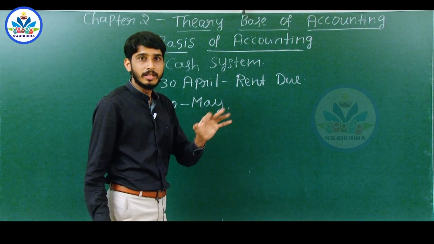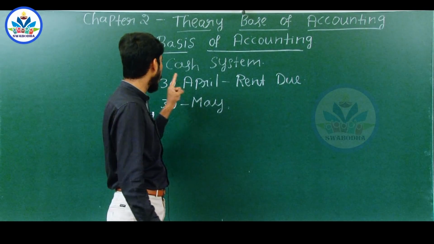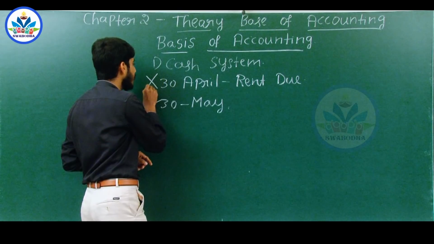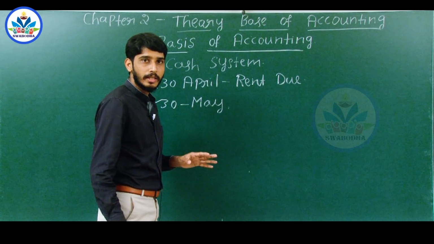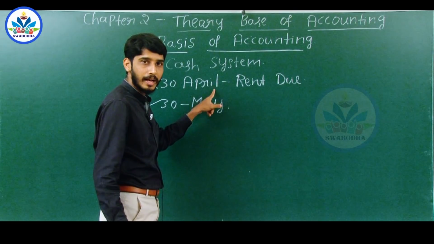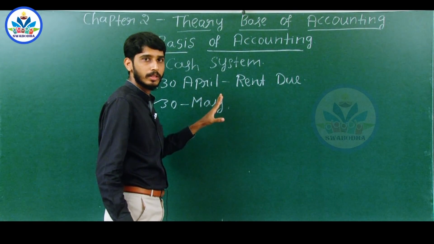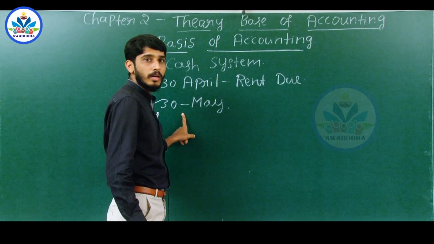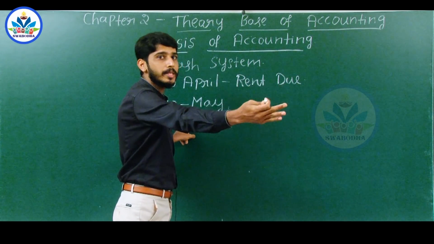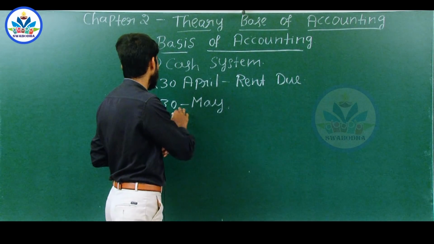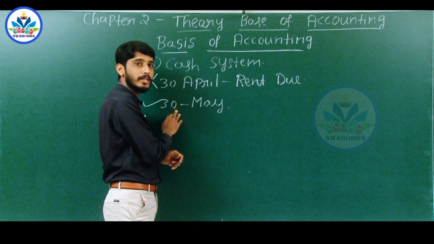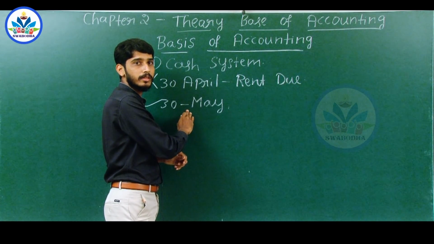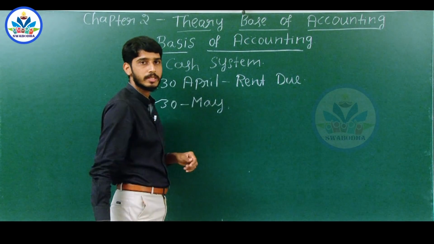So the transaction in the books of accounts will be recorded on 30th of May and not on 30th of April. The legal responsibility arose on 30th April itself, but you paid it in May, when the cash actually went out of the business. Then you record the transaction on the date when you made the payment, that is 30th May. This is an example for cash basis or cash system.